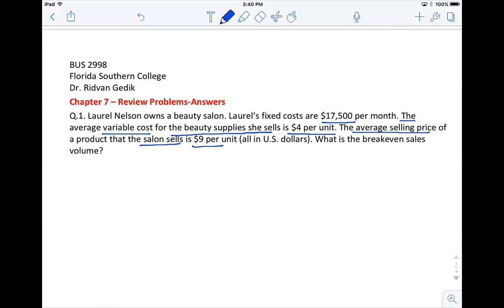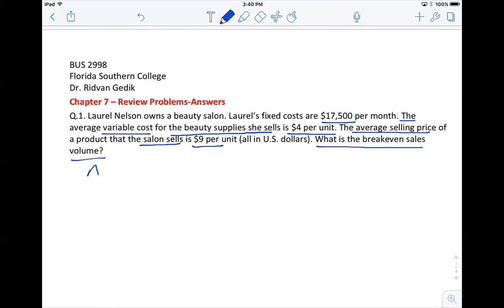By the way, these variable costs and variable returns are based on per product. And the question is, what is the break-even sales volume? So how many products should this beauty salon sell so that the company is at the break-even point? So what is the break-even point?